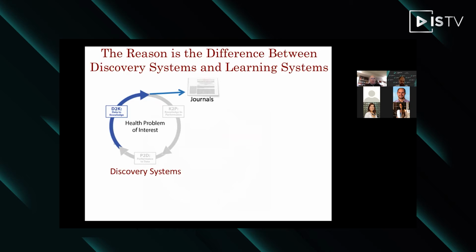Now, to see why this is the case, we need to look at the difference between so-called discovery systems, this data to knowledge to journals, for which human readable knowledge has actually served us pretty well for many, many centuries. And as we will see, learning systems which require a complete cycle. What we see with discovery systems is they require only mass access to knowledge.